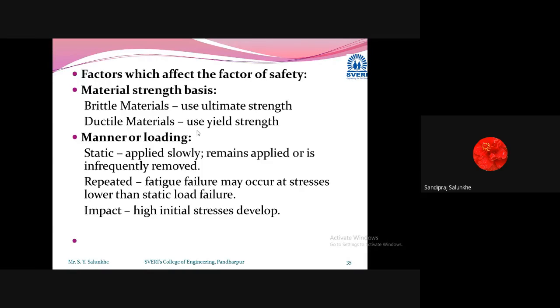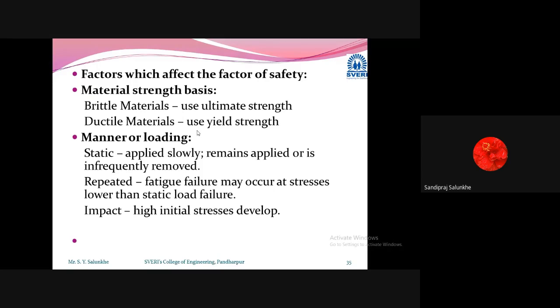For example, can you give me any practical example? Mirchi Kandap Yantra, where impact load is continuously coming. That part may fail because of the impact loading. There are some applications like this where the impact load is continuously occurring on that part.